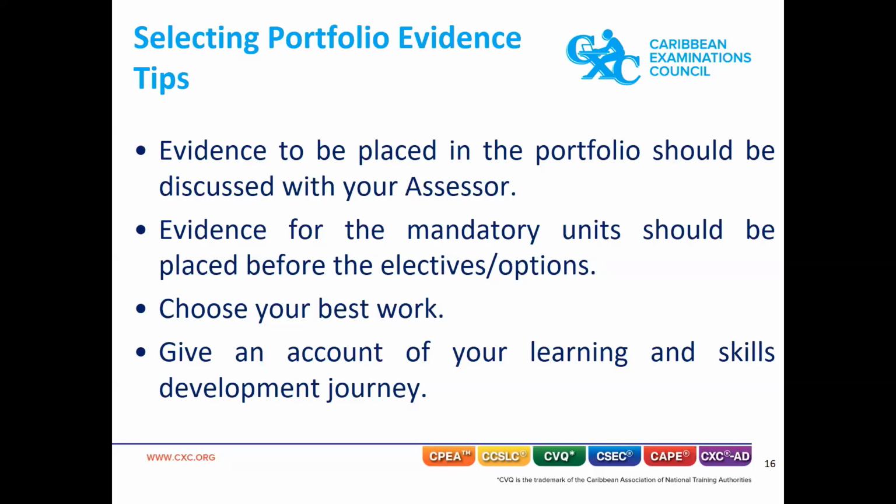The evidence for the mandatory units should be placed before the elective options. Remember I told you that CXC only issues mandatory units currently. So you cannot go ahead and just do the electives because you like it. For example, in food and drink, you have an elective called provide room service.